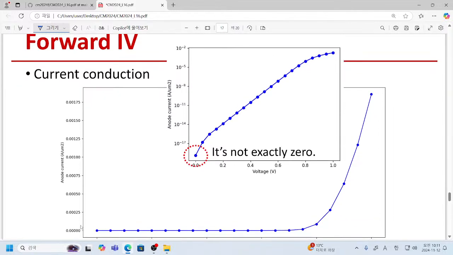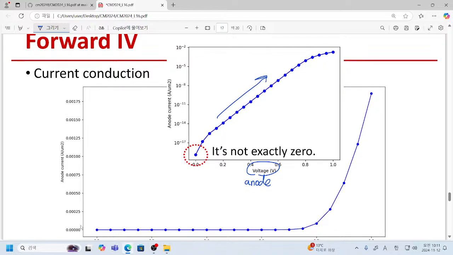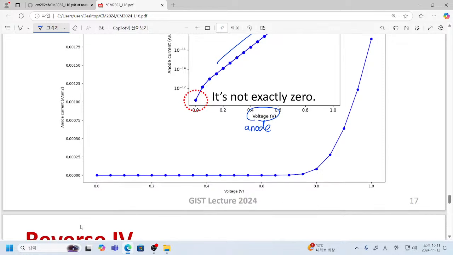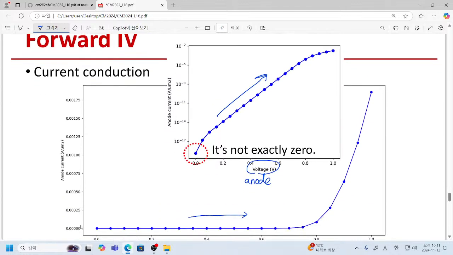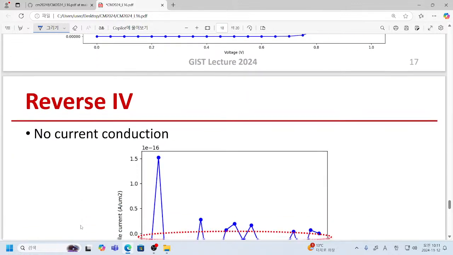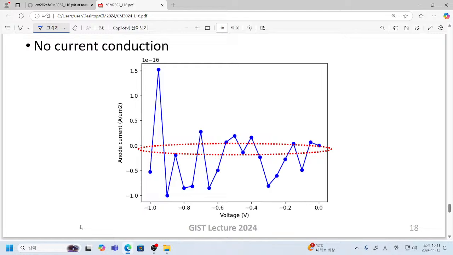this. So here in this case, the voltage means your anode voltage. If your anode voltage is positively applied, then you will have exponential growth of your anode current. And if you go to the negative one, like the anode voltage is a negative value, then, sorry about that, this is just the forward one. And if you go to the negative one, then you will have almost nothing.